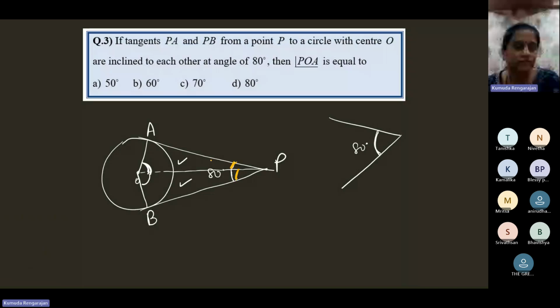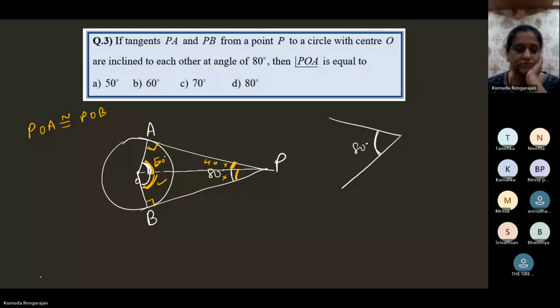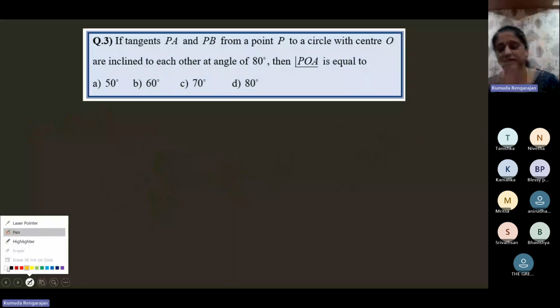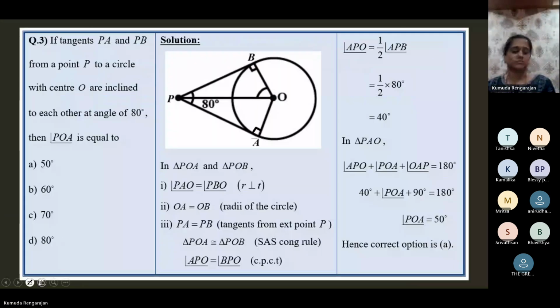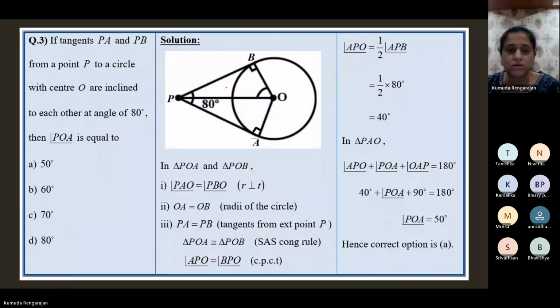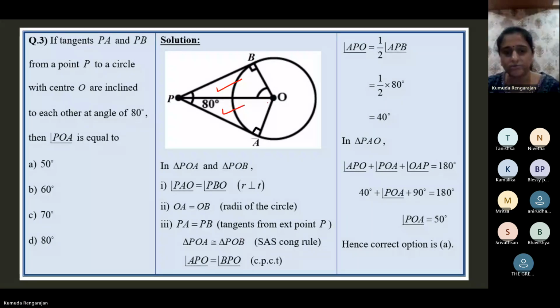So 80 becomes 40 here. Now in this triangle, this is 90 and this is 40. So 90 plus 40 is 130, 180 minus 130 is 50 degrees. So angle POA is equal to 50 degrees. This triangle above and the triangle below are congruent, so by CPCT this angle will be equal to this angle.